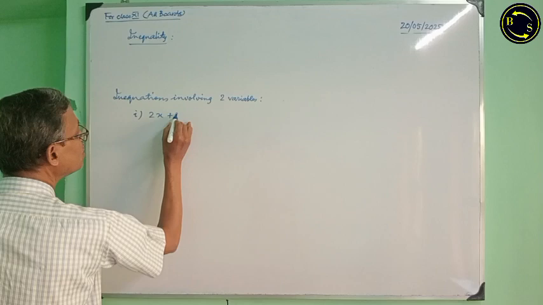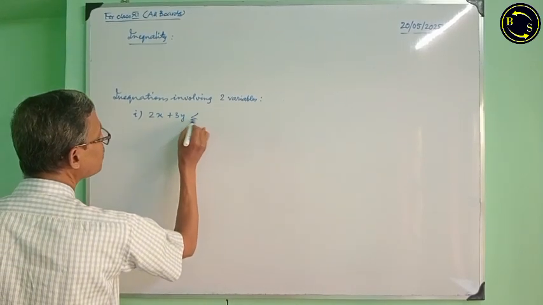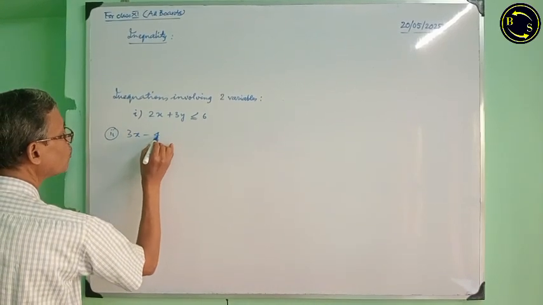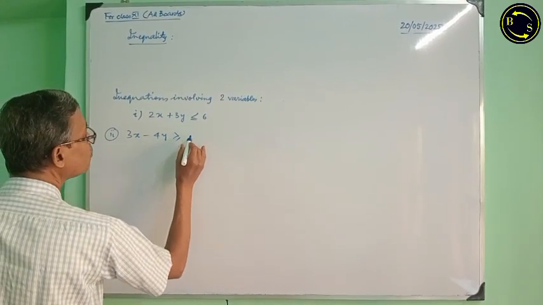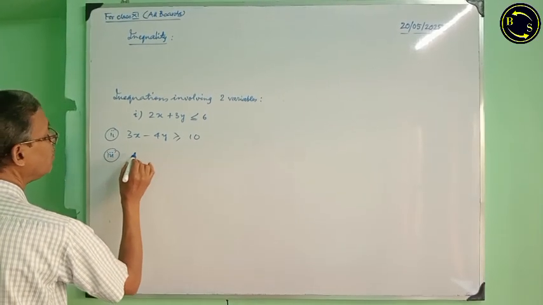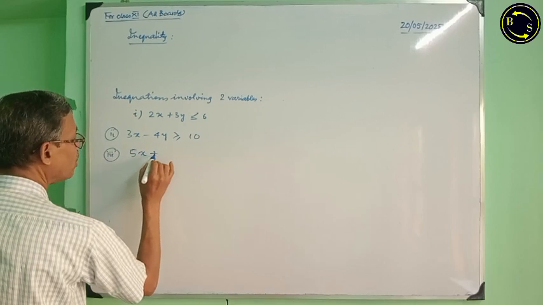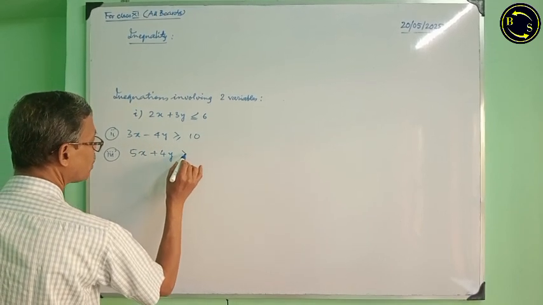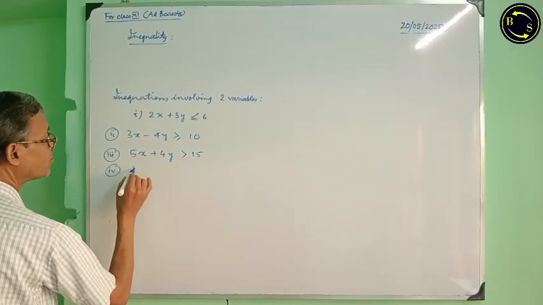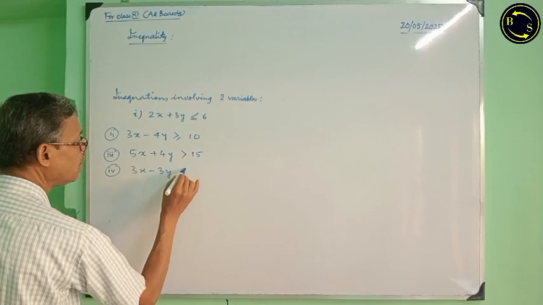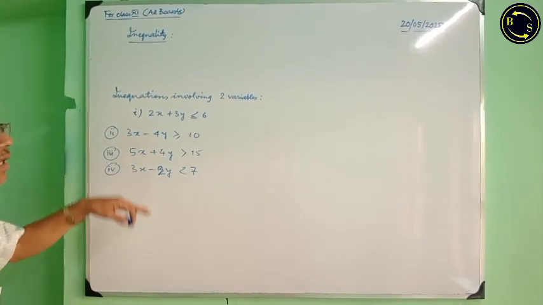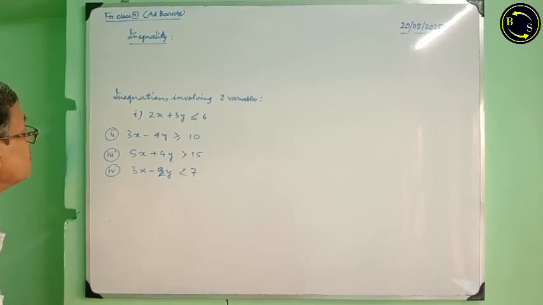Two x plus 3y less than equal to say 6. 3x minus 4y greater than equal to 10. 5x plus 4y greater than 15. 3x minus 2y less than 7. These are the inequations involving two variables.